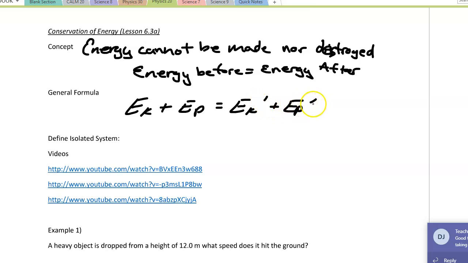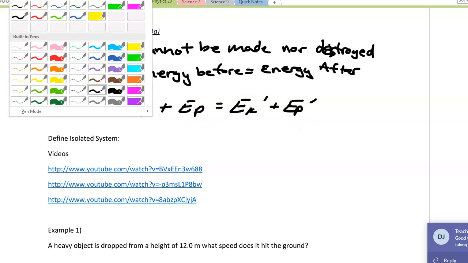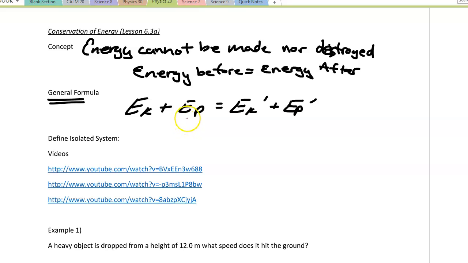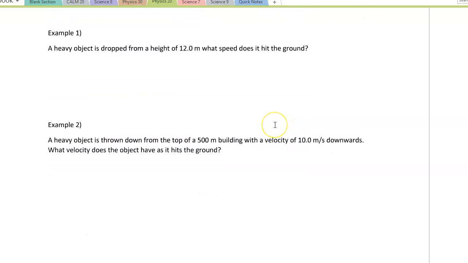These little ticks really just mean the after. Now this is not on your formula sheet, this is just a general formula to kind of isolate the concept. And the other thing is, if we pick points that some of these things do not apply to, you can actually eliminate them right out of the system.